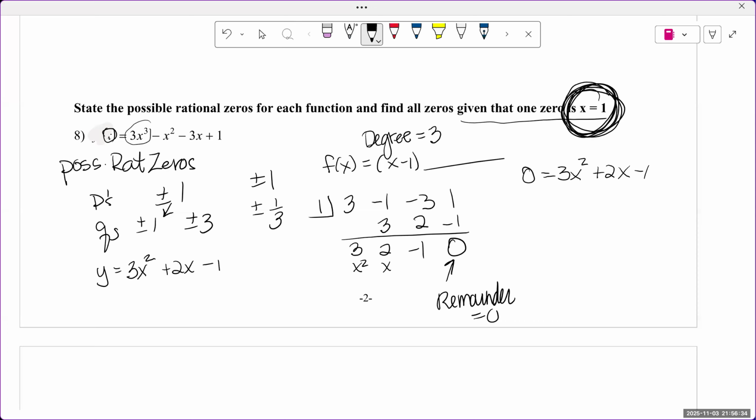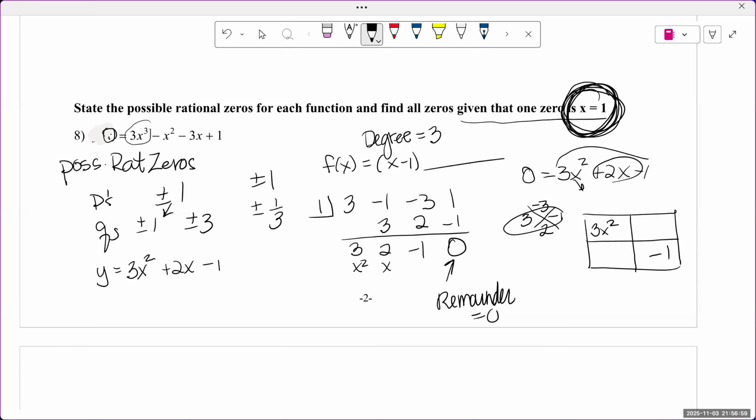Now, it'd be really nice if we could factor this. Let's see, rainbow, 2 numbers that multiply to get -3 and add to get 2. Yes, 3 and -1. Put those into our box. 3x squared and -1. The 2x splits into 3x and -1x.